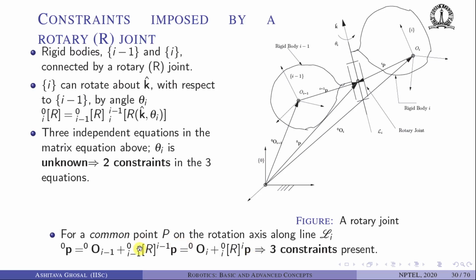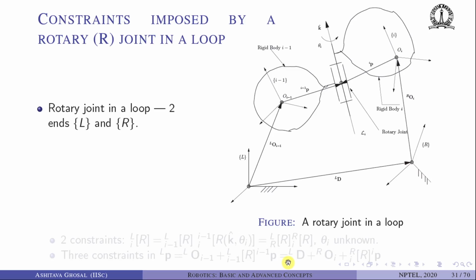Why do we need this rotation matrix? Because if you want to add these two vectors O I minus 1 and I minus 1 p, we need to write them in the same coordinate system. So this is a vector equation with 3 constraints. How many constraints do we get? We get 2 constraints from the matrix equation and 3 constraints from the vector equation. So hence we have 5 constraints imposed by this rotary joint.